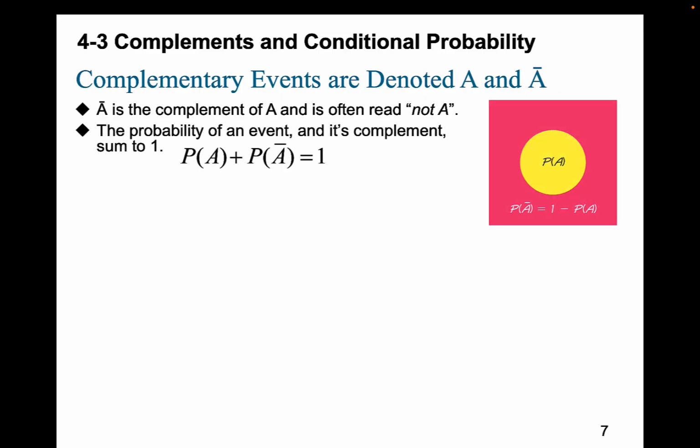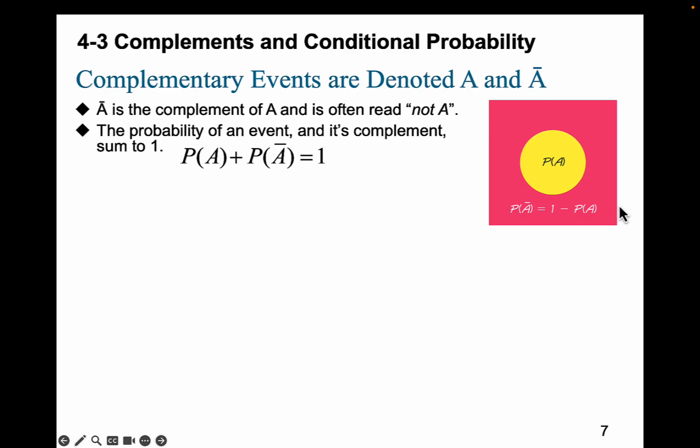The probability of event A and its complement have to add to 1. Notation: capital P of A plus capital P of A bar, so probability of not A, equals 1. Little Venn diagram to help explain that. It means that the probability of event A occurring plus the probability of event A not occurring has to cover 100% of the space.